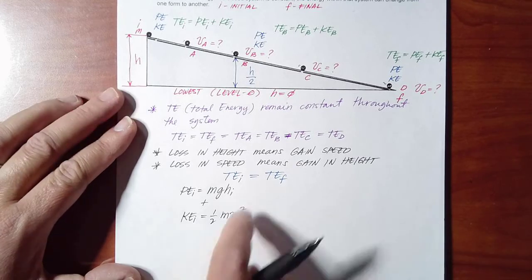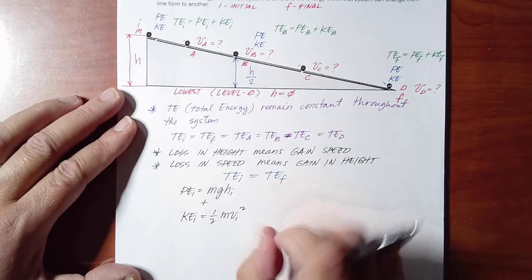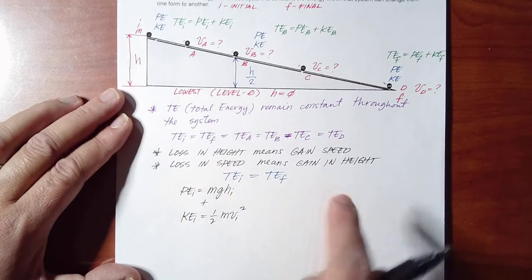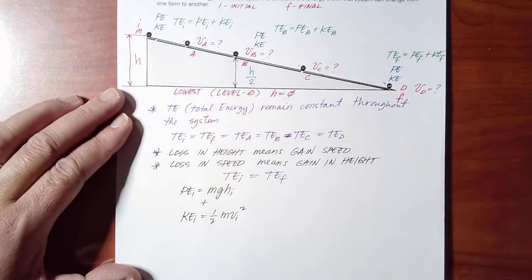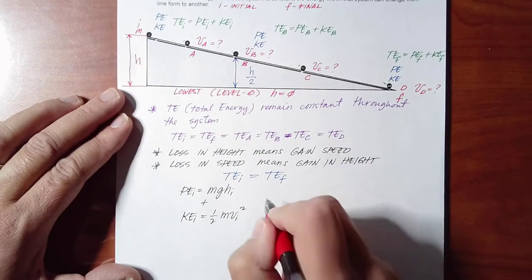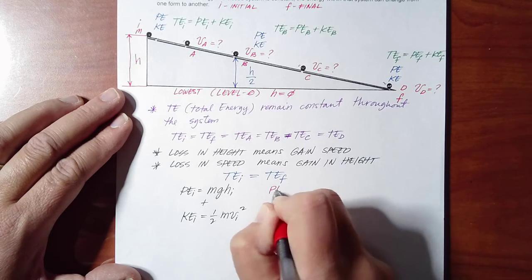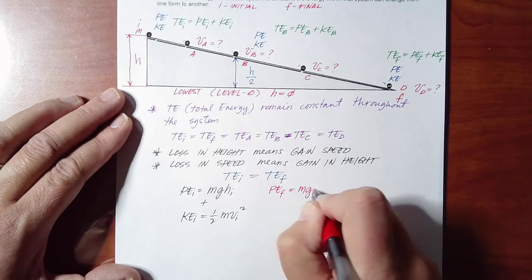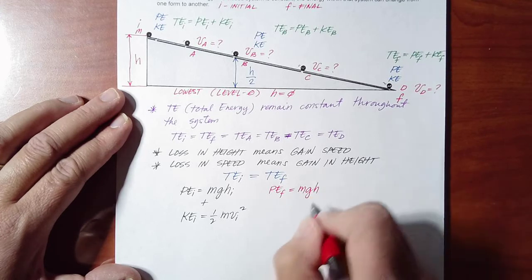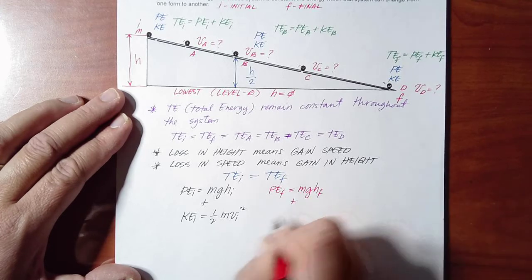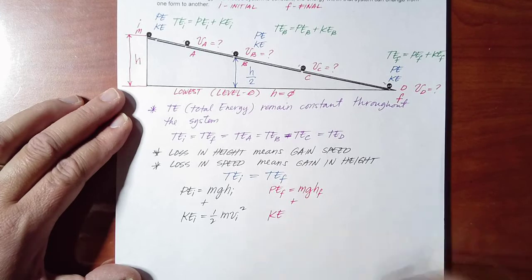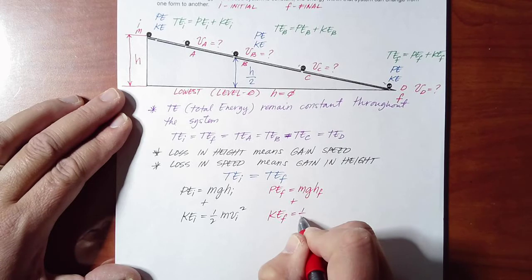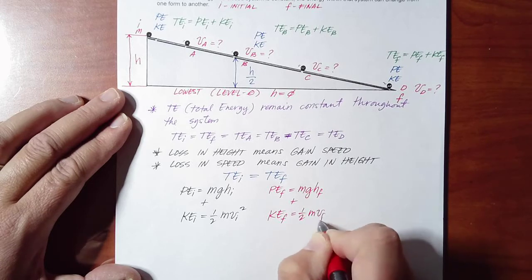So you add these two values, then you will have total energy, and that sum should be the same as the sum at the other end of our equation, which means the potential energy at the final position, mg h final, plus the kinetic energy final, which is 1/2 m vf squared.